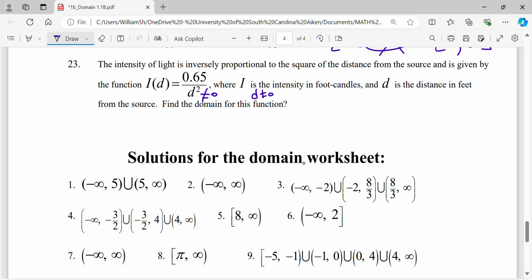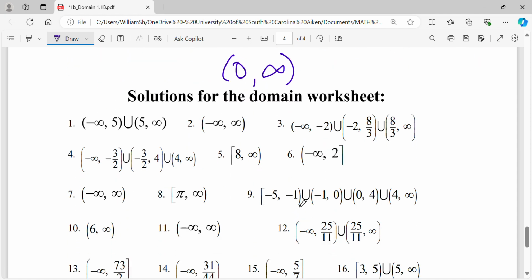So the domain of this function is going to be somewhere between 0 and infinity, because I can't be exactly on the object, but I can back as far away from the object as I want to. I can be an infinite distance away if I want to, just keep going and going. Hopefully the domain makes a little bit more sense to you now.